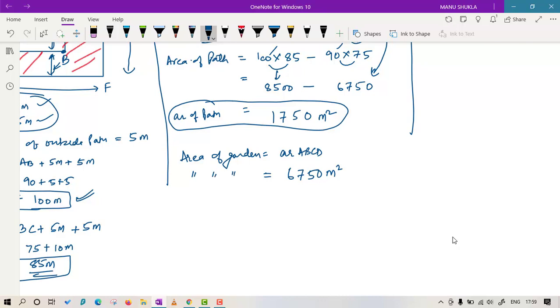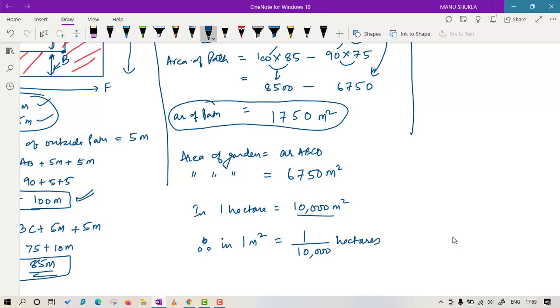Now the question comes, how to write this area in hectares. If you remember, I told you in 1 hectare we have 10,000 meter square. So what is our relation? Reverse one. So we can say, therefore, in 1 meter square there are, yes class, this will go in the denominator, so 1 upon 10,000 hectares.